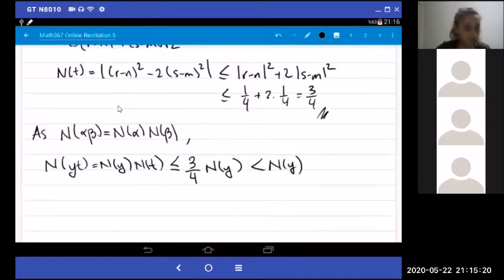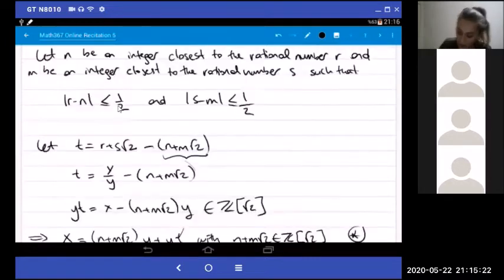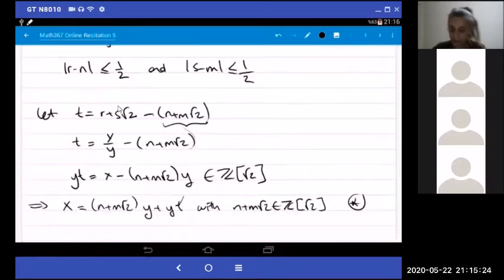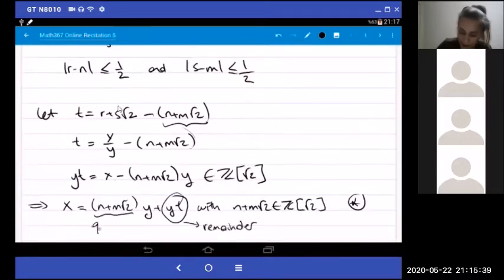So what we have here, x is equal to y times something plus yt. So here, this yt will become our remainder, and this is our quotient. Okay?